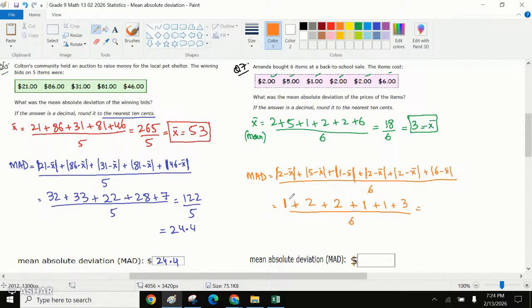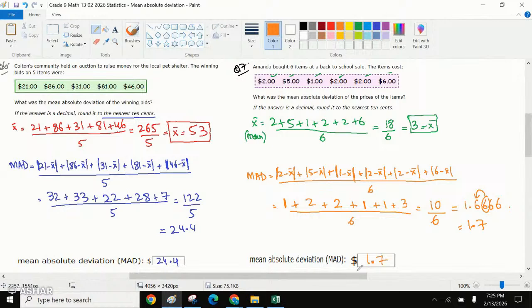So we can say 1 plus 2 is 3, 3 plus 2 is 5, 5 plus 1 is 6, 6 plus 1 is 7, 7 plus 3 is 10. When 10 is divided by 6, it comes out to be, it's a recurring number, 1.6, right? So this number would round up, that is 1.7.